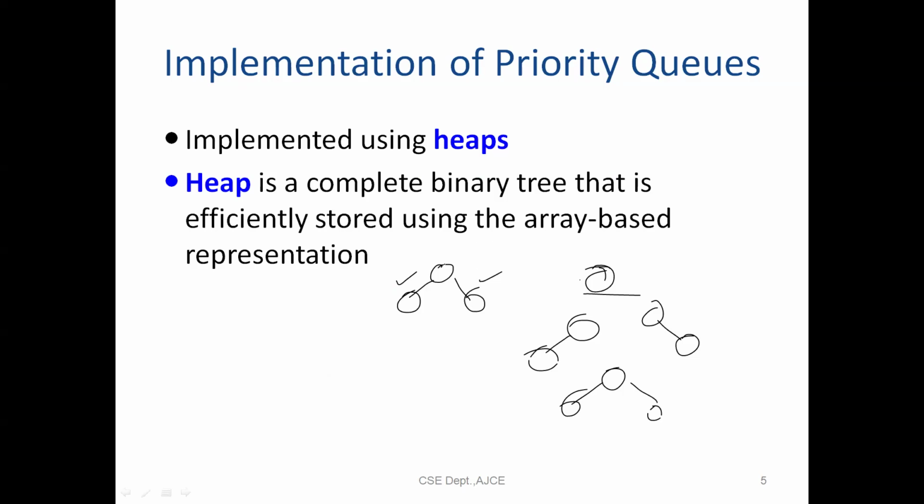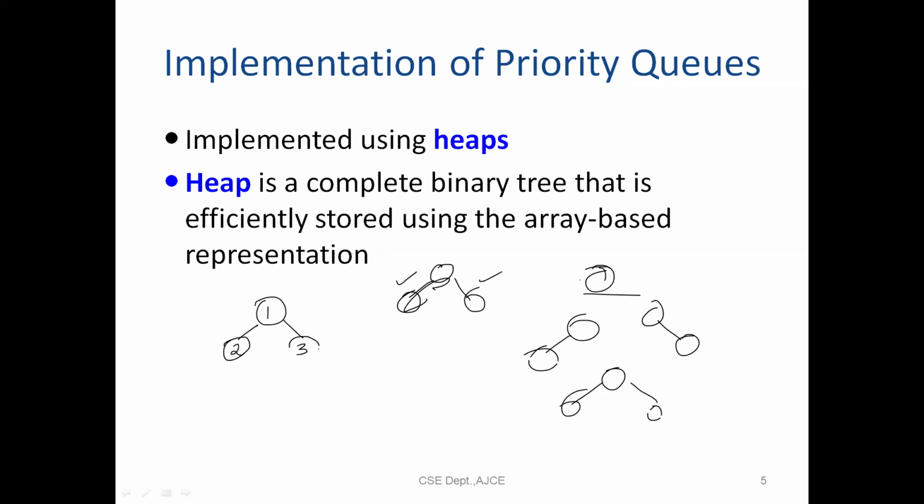So what is a complete binary tree? A complete binary tree is a scenario where a tree is filled to the left side as far as possible without having any space in between. Such trees are known as complete binary trees. As an example, first you fill this node, then you fill its left child.